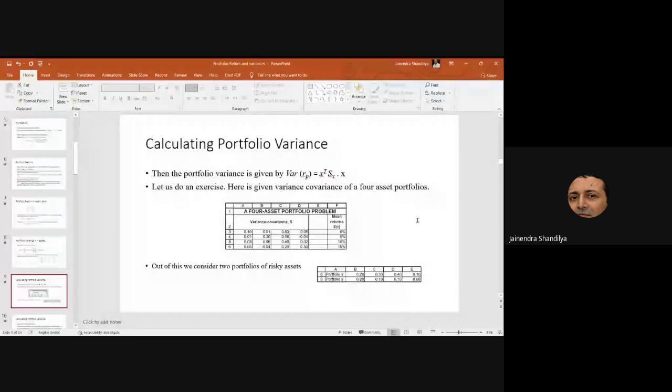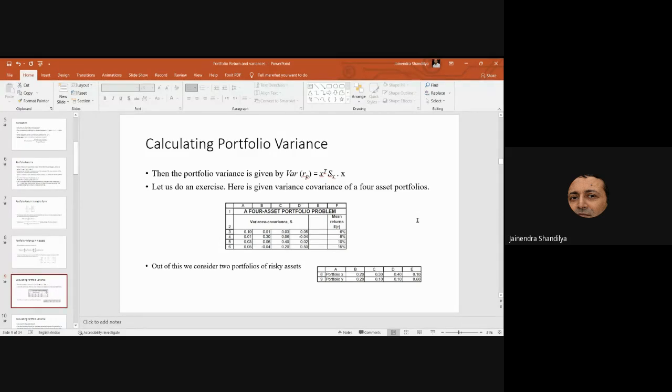As you can see, the portfolio variance is given by the transpose of X, into the variance covariance matrix, and into X. But if I take this transpose, can I multiply this?